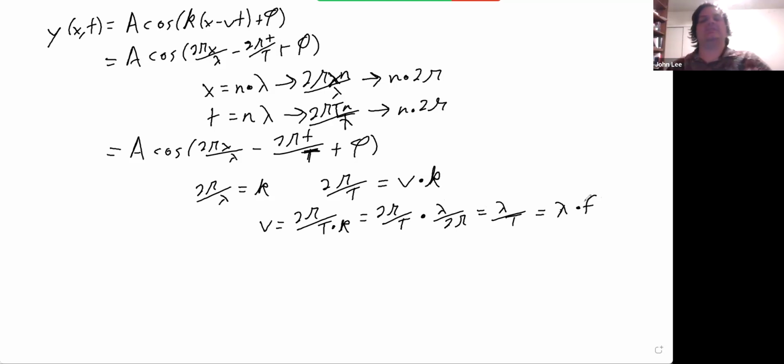So the speed of a wave is going to be given by its wavelength times its frequency. Okay, and that's the main thing that I want to get to when we're just talking about waves without talking about anything specifically.